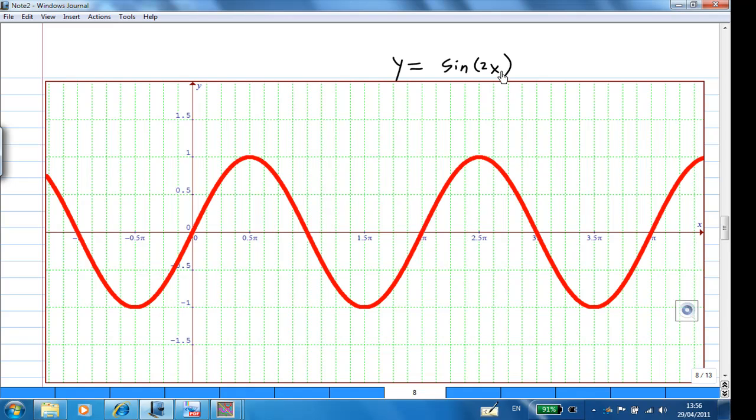From 0 to pi, you have one cycle. Then it repeats again. So this time, you get 2 cycles from 0 to 2 pi. This is how you get the graph of y equal to sine 2x.